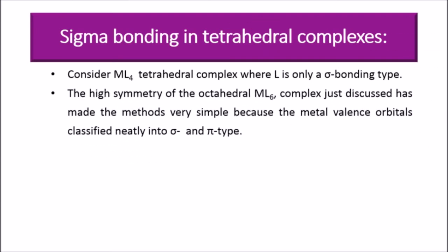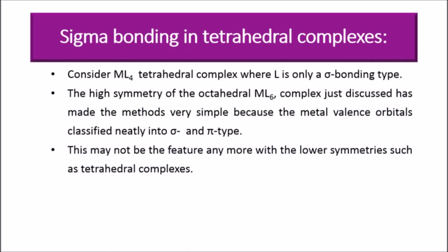The high symmetry of the octahedral ML6 complex, which we just discussed, made the method very simple because the metal valence orbitals could be classified into sigma and pi type. That bifurcation we needed to do over there.